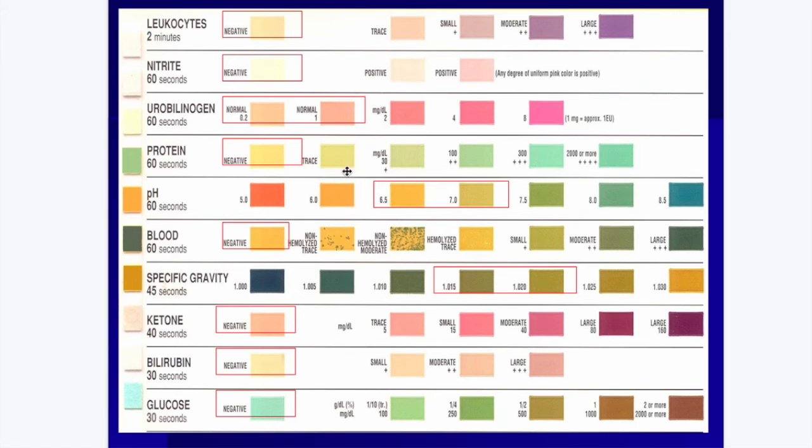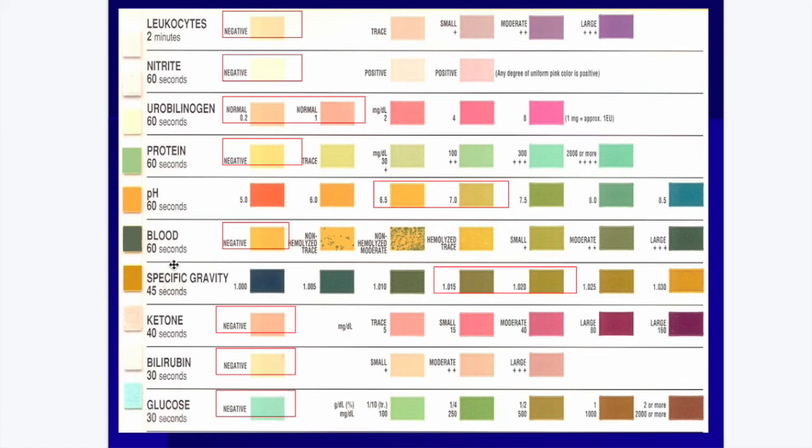Okay, so we're not going to be able to test all of these things in our urine samples, but here we can see the different substances, and you can see the different times. So glucose will be read at 30 seconds, as is bilirubin, but we won't be testing for that in ours. Ketones, specific gravity, if there's any blood, pH, protein, urobilinogen, nitrite, and leukocytes.